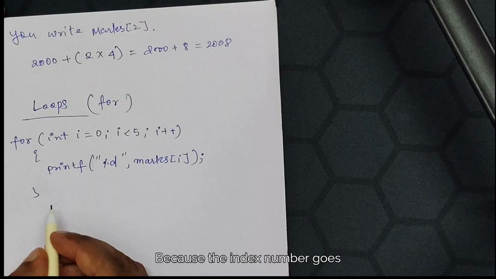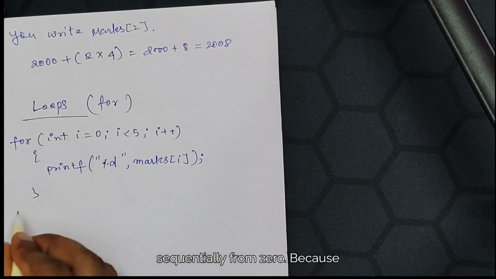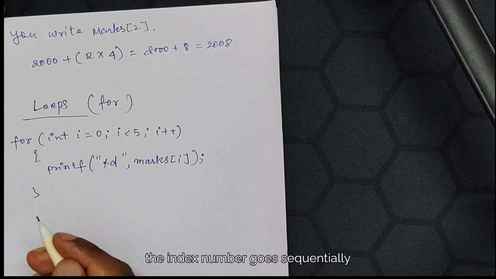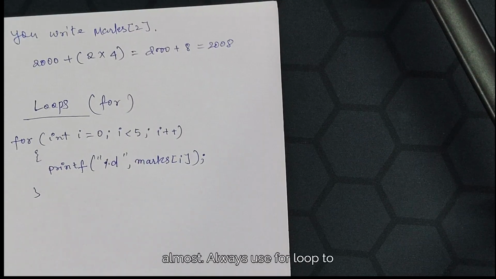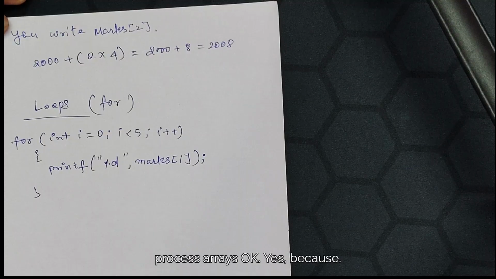Because the index number goes sequentially from 0 to size minus 1, we almost always use for loops to process arrays.